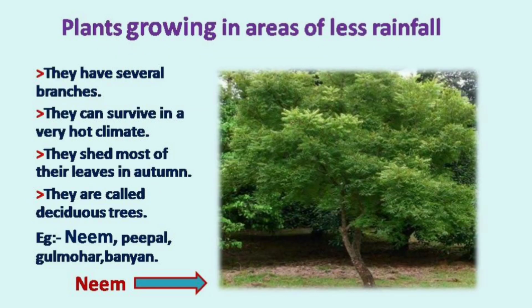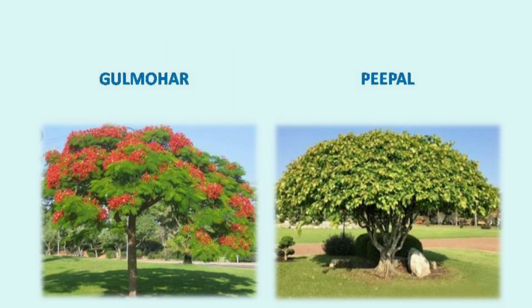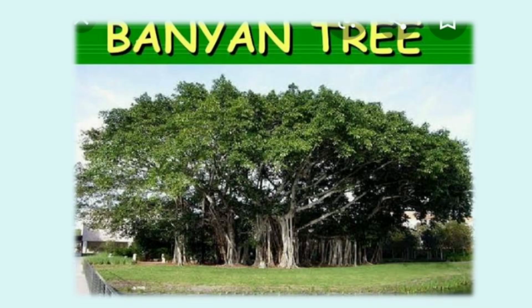The features of the plants that grow in the areas of less rainfall are they have several branches, they can survive in a very hot climate, they shed most of their leaves in autumn, they are called deciduous trees. These plants are actually called the deciduous trees because they shed their leaves once in a year or in the autumn season. Example: neem, gulmohar, peepal, and banyan tree.